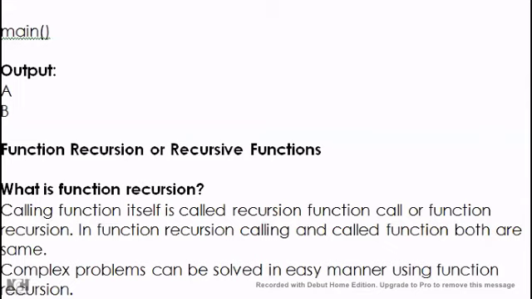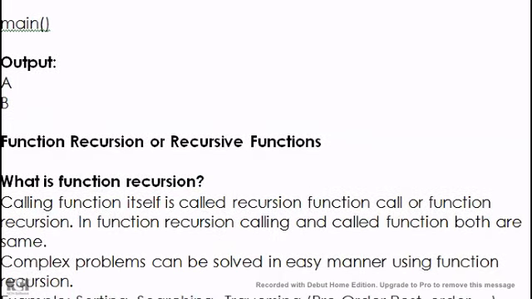When you work with trees, you find traversing techniques like pre-order and post-order. When we work with graphs, you also find some searching techniques. Even all these are implemented by using recursive function calls. So some complex algorithms can be solved easily with the help of function recursion.